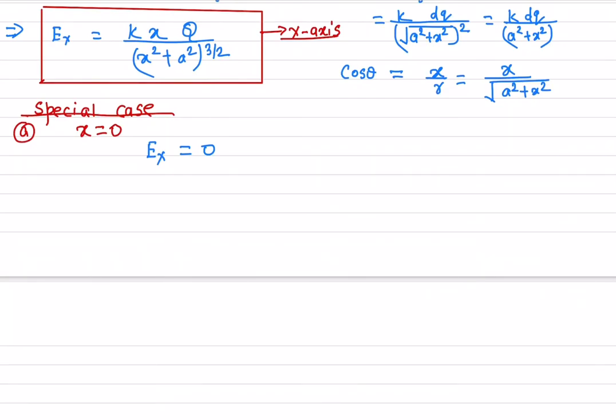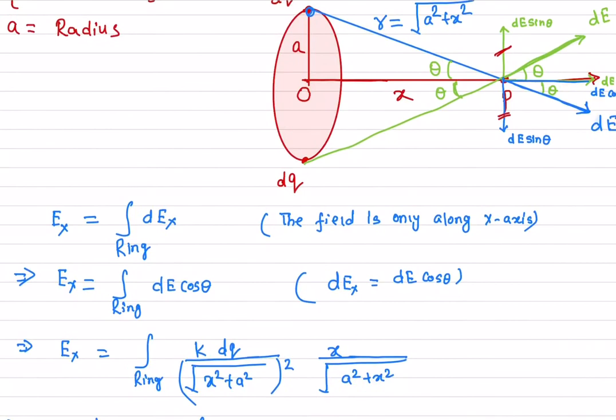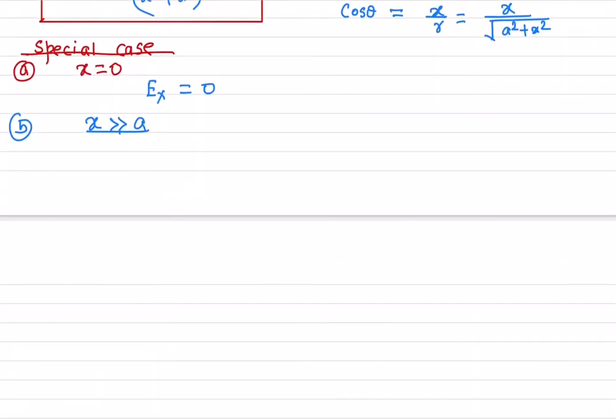Now let's talk about the second special case, which is x much greater than a. What does this mean? That means if this point P lies very far away, then to this point P, the entire ring looks like a point charge.